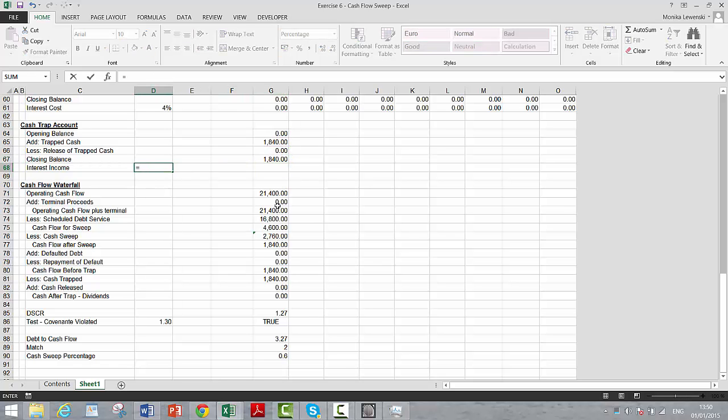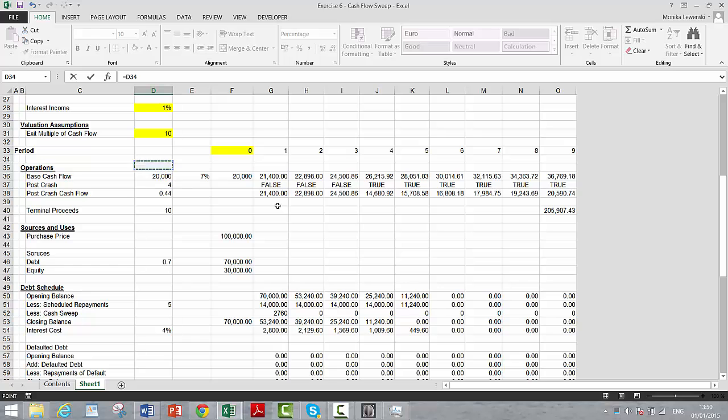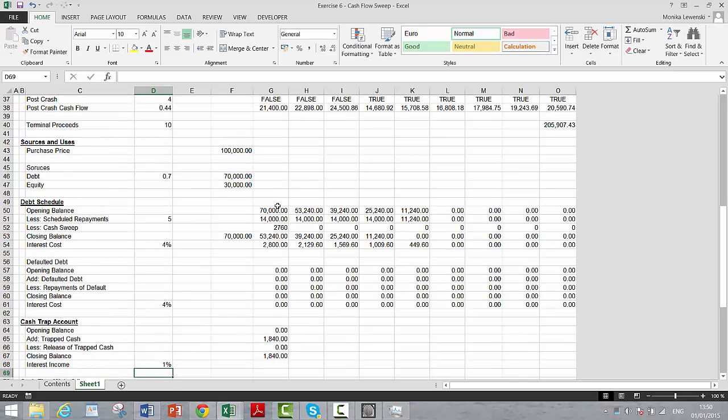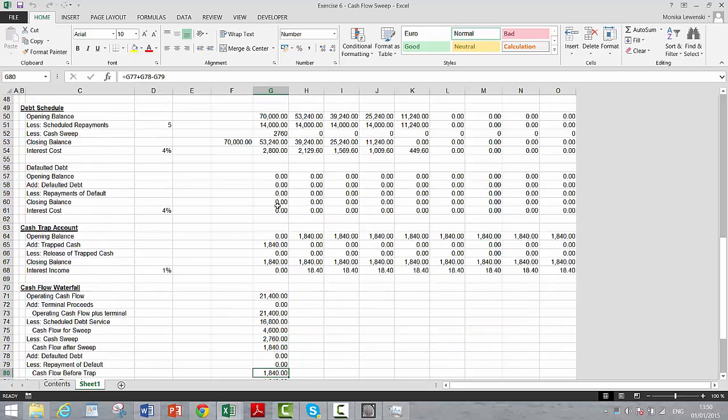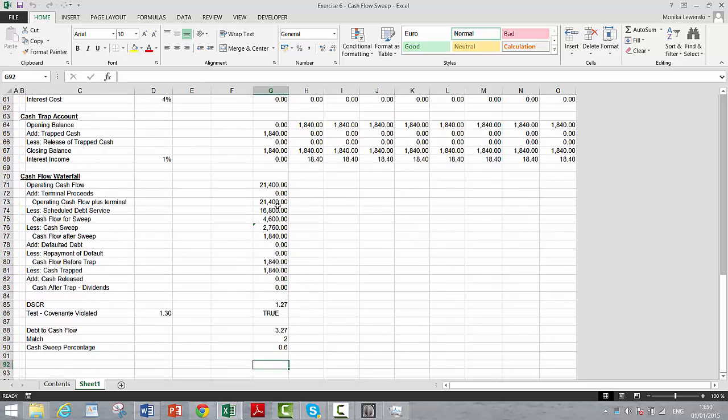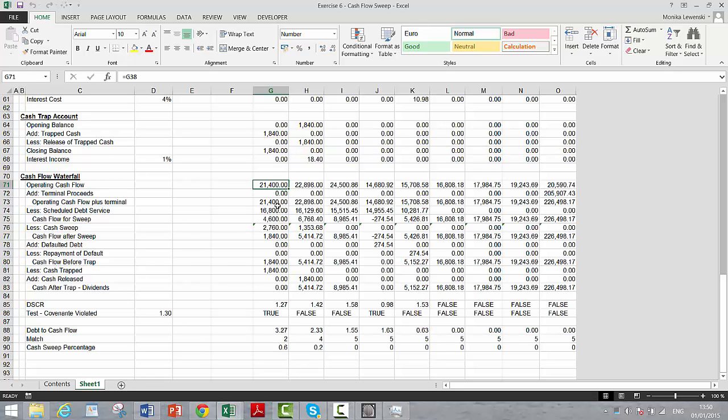We put in an interest income assumption, and we multiply that by the opening balance, and then we're finished with this one, and I think we're finished with just about the whole thing.